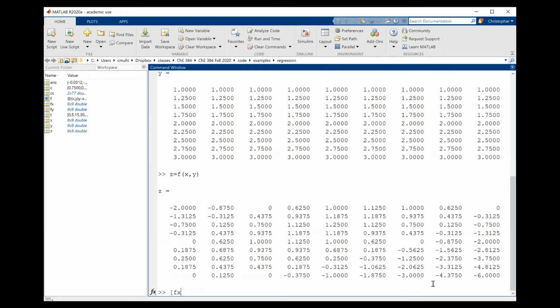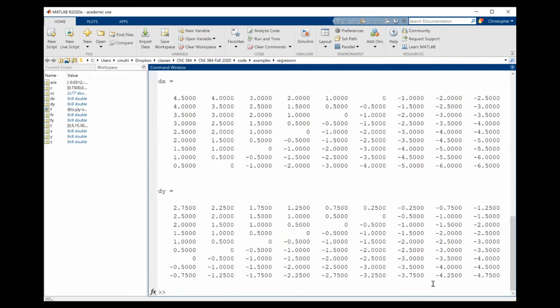So I can say fx, fy, or maybe say dx, my derivative of the function with respect to x, and dy, the derivative of the function with respect to y, is going to be the gradient of z, and then my spacing. So my spacing is 0.25. When I hit enter, I get out my partial derivative with respect to x and my partial derivative with respect to y.